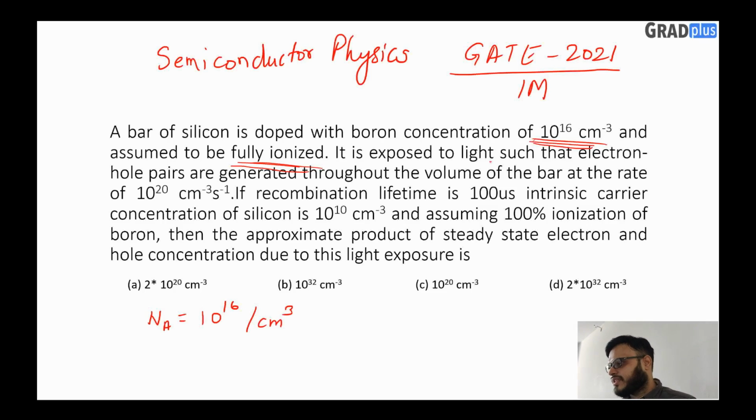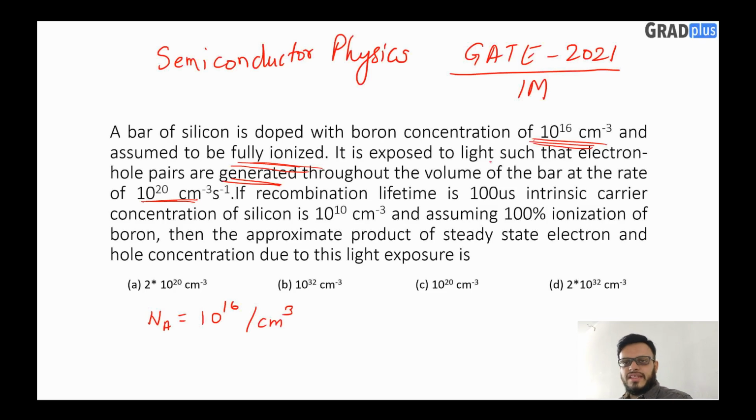Next, what is given is the generation rate. The generation rate of electron and hole pairs is of the value 10 power 20 per centimeter cube second. What is generation rate?